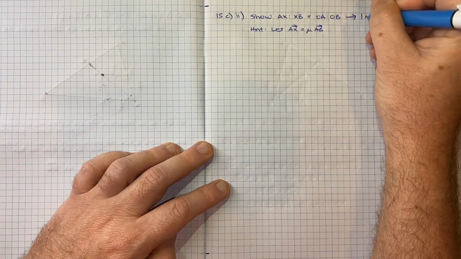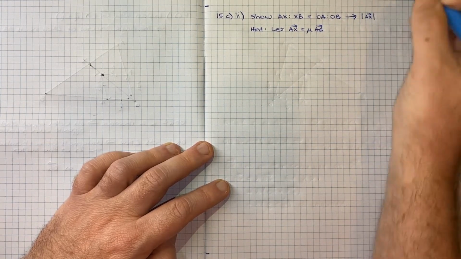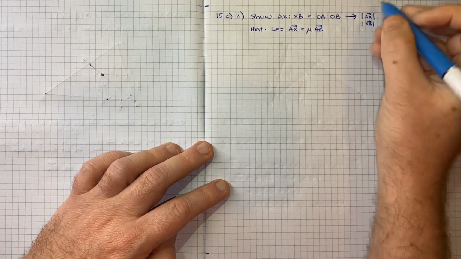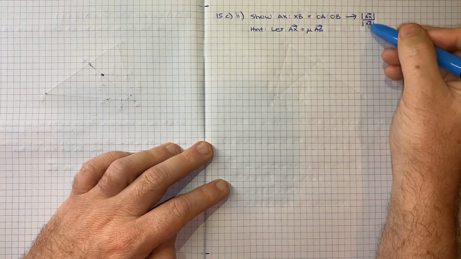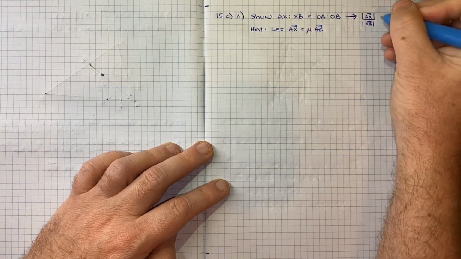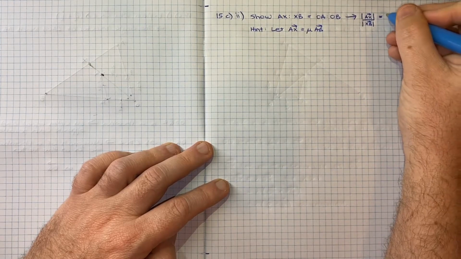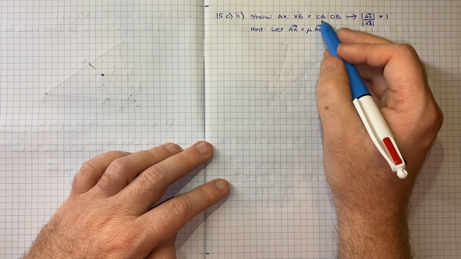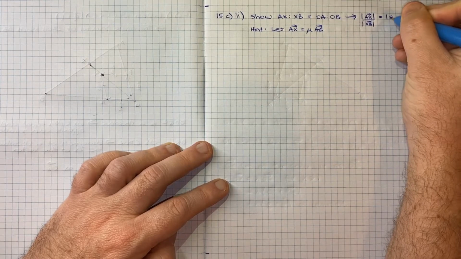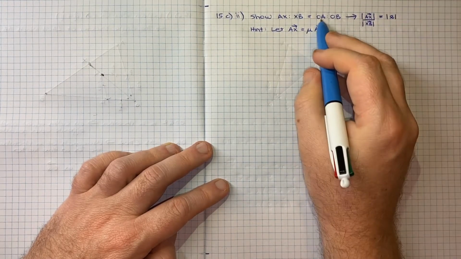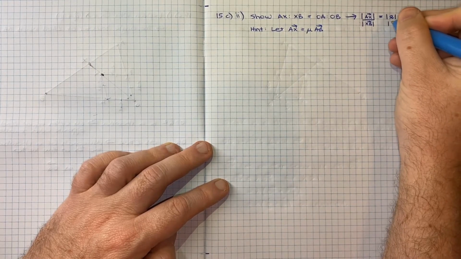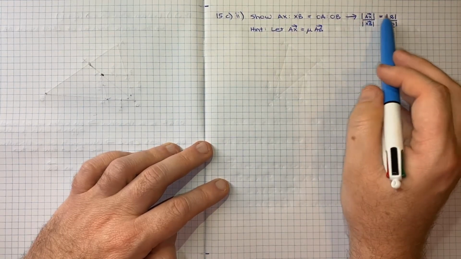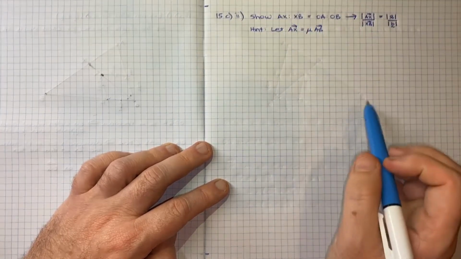So it's the magnitude of AX vector divided by the magnitude of XB vector, that fraction, we're being asked to show that's going to be equal to the magnitude of OA vector, which, remembering in the context of this question, is A vector, divided by the magnitude of B vector. That's essentially what we're being asked to show. If we can show this, then we've shown that these ratios are equal.